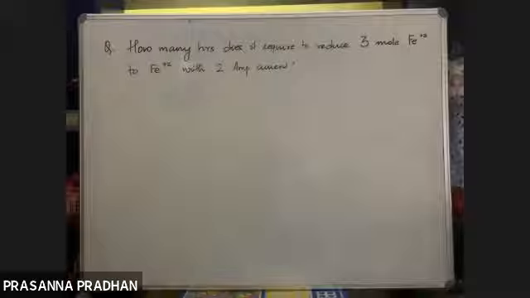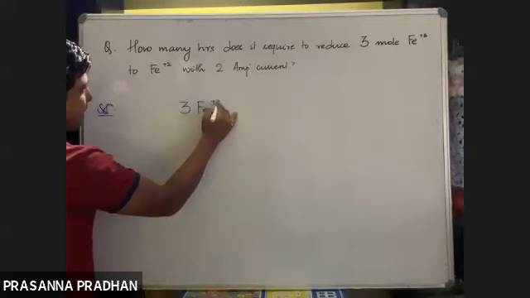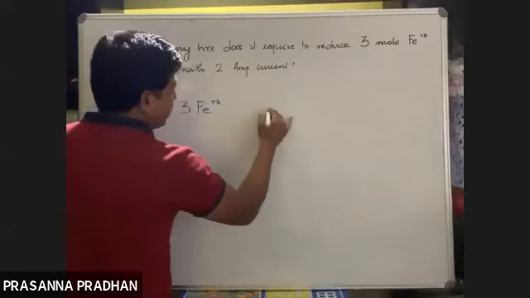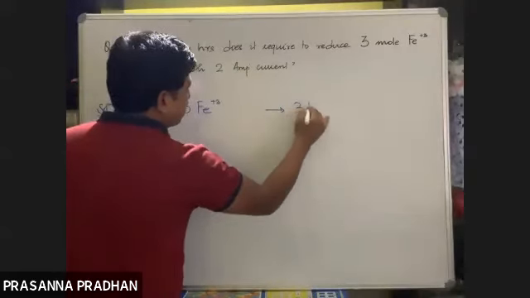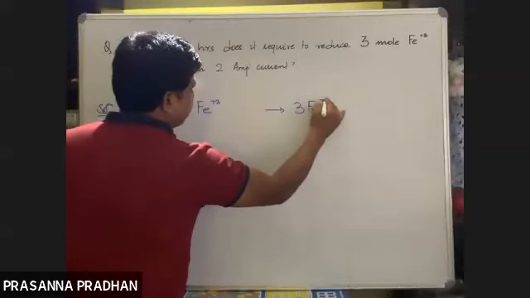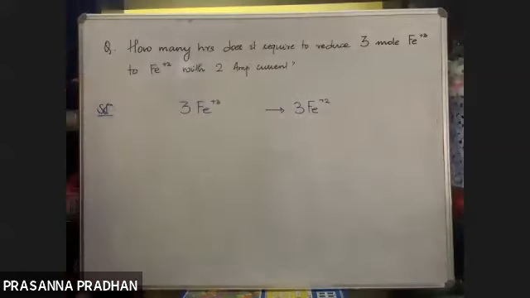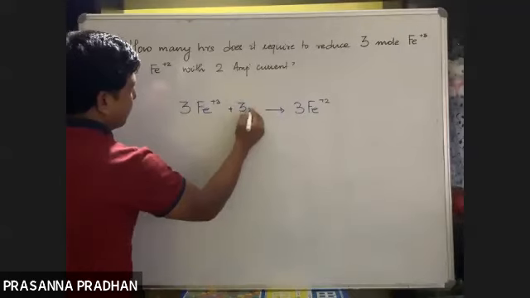Just give me the equation. Fe tripositive plus how many electron moles equals Fe dipositive? 3 moles of Fe tripositive is getting reduced to ferrous iron. We need to balance first. So how many electrons are required? 3 electrons are required.